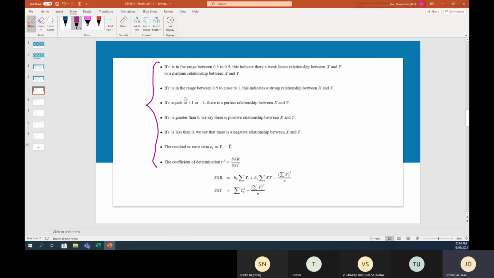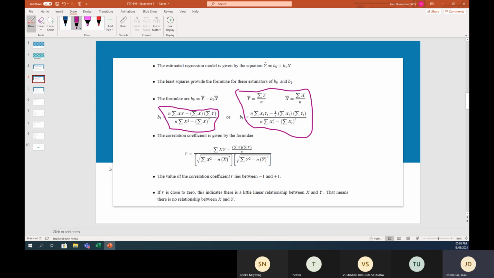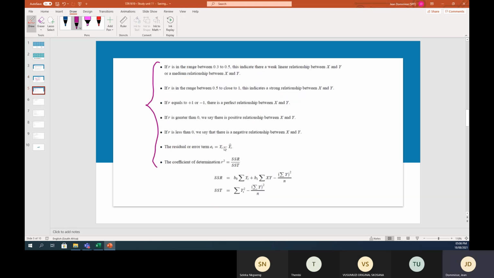Okay, so the other thing that I think is also very important is when we talk about correlation, they can sometimes ask you, if you get this correlation, what does it mean? So that is important as well. And again, like we had the correlation coefficient that they showed here, it can also be written in a different way.